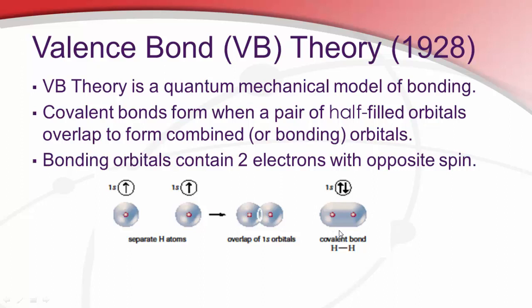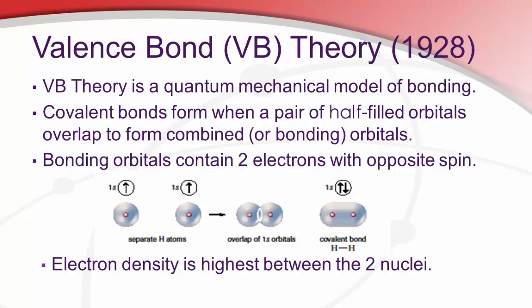So it's a change in the actual shape of the orbitals themselves that forms this bond. And consistent with previous theories, the electron density is highest between the two nuclei because of this overlap between the two spherical shells.